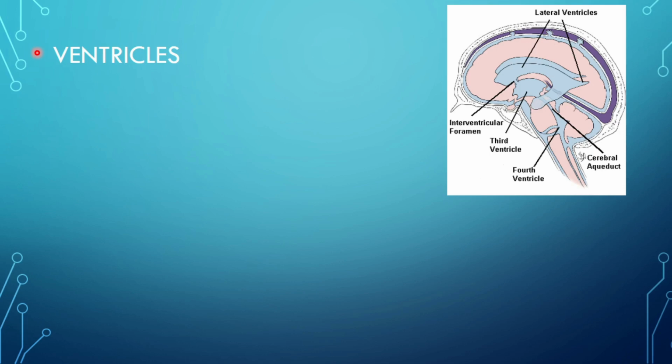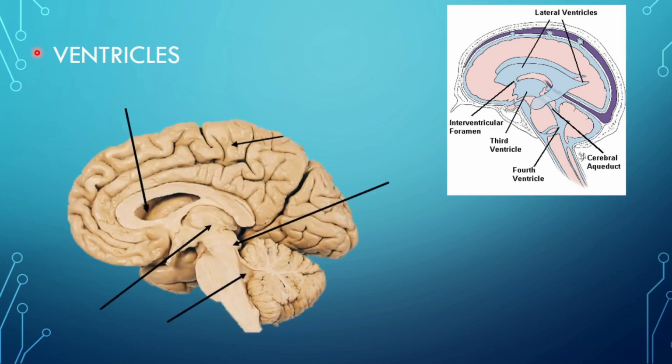So this CSF is actually circulating continuously throughout the ventricles and communicates with the subarachnoid space. So CSF is created within the ventricles, which we can see here. This is the lateral ventricle.